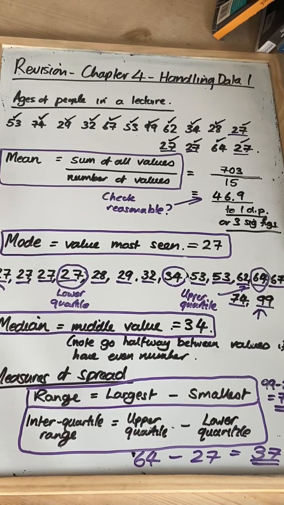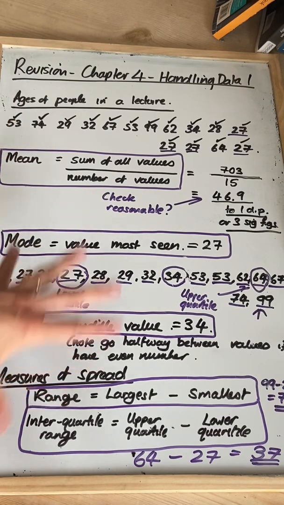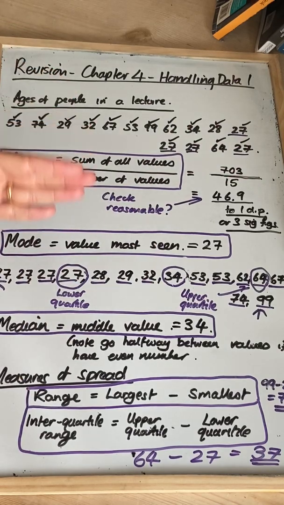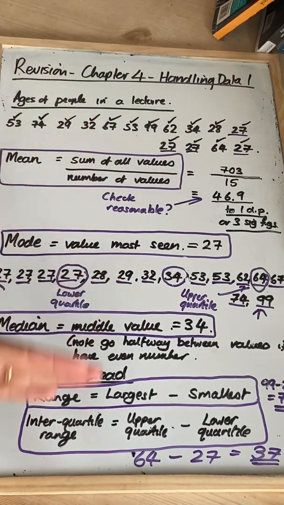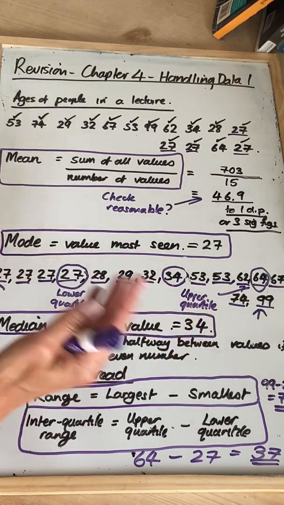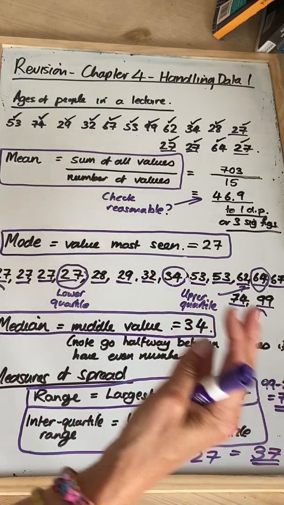Now, the nice thing about all of these measures is that you can calculate them for more than one set of data. These are the ages of the people in a lecture somewhere. If you had another lecture going on in another room, you could look at the mean, mode, median, range and interquartile range for the ages of the people in the other room, and work out whether on average they are older or younger, and whether the ages are more spread out or not.